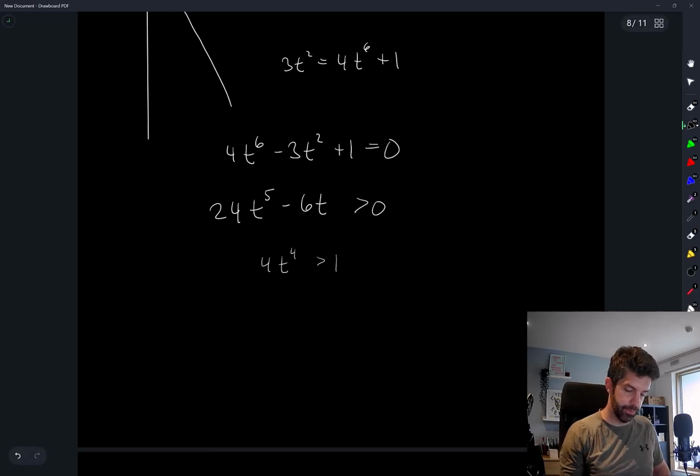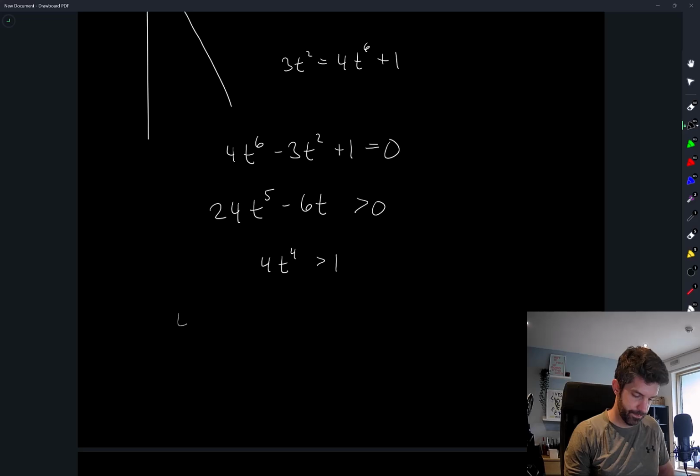So this is negative when t to the 4 is less than 1 over 4. Let t be equal to 1 over 4 to the power of 1 over 4.